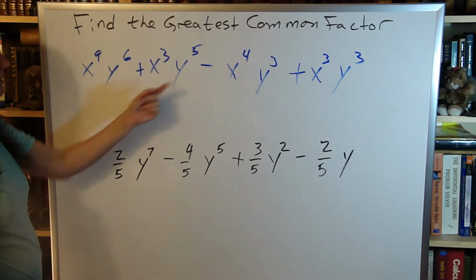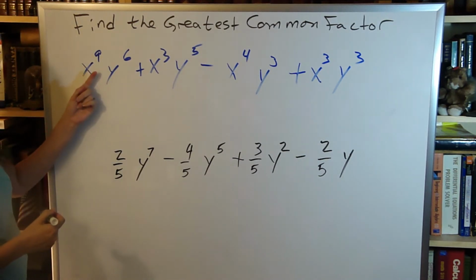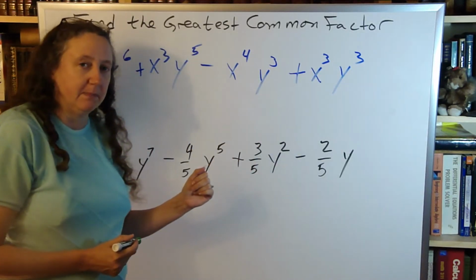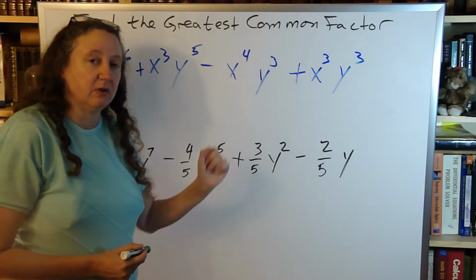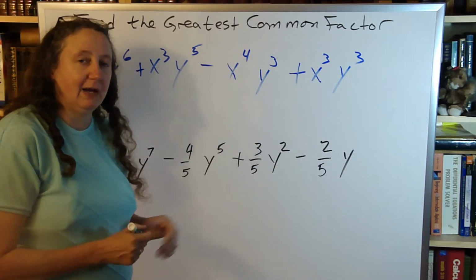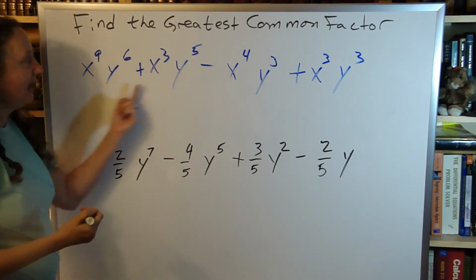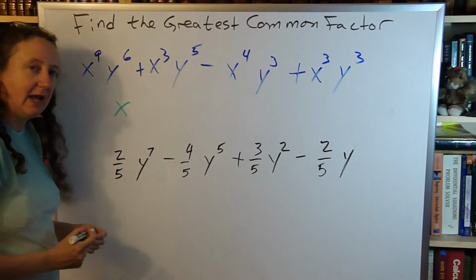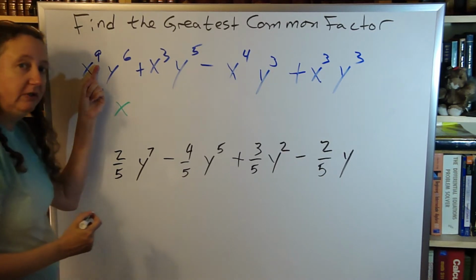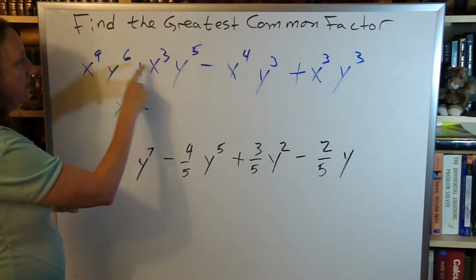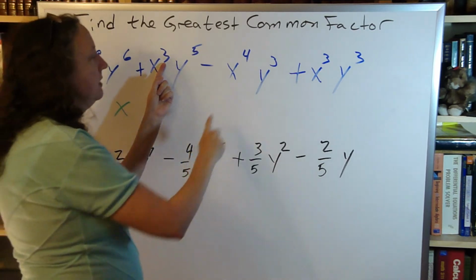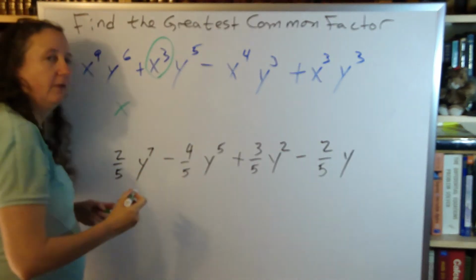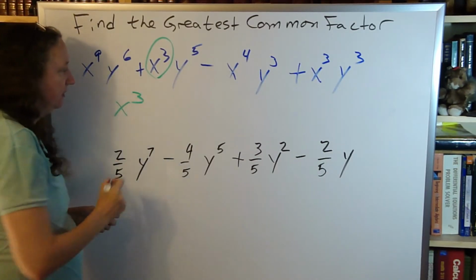So looking at the top one up here, all I see are letters with exponents on them. So my greatest common factor is going to be letters with exponents. I have x's in all of my terms, so I know I'm going to have an x. I look for my smallest exponent. 9, 3, 3 is winning so far. 4, 3, third power, that's my smallest.